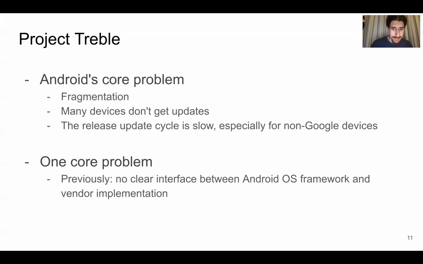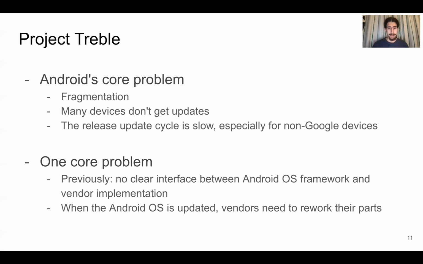Now, one core problem is that, and again, now we go back to this Project Treble. In the past, before Project Treble, there was no clear interface between the Android operating system and the vendor implementation. So what it means is that you have the Android system, let's say, and then the vendor or third-party manufacturer will basically do the modifications, but these modifications will be somehow intertwined with the Android framework code base.